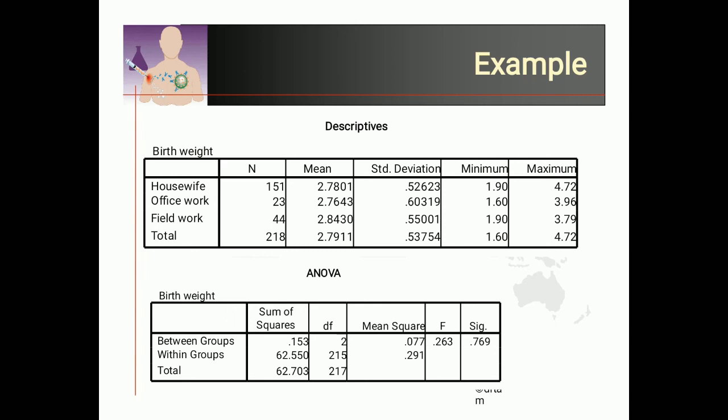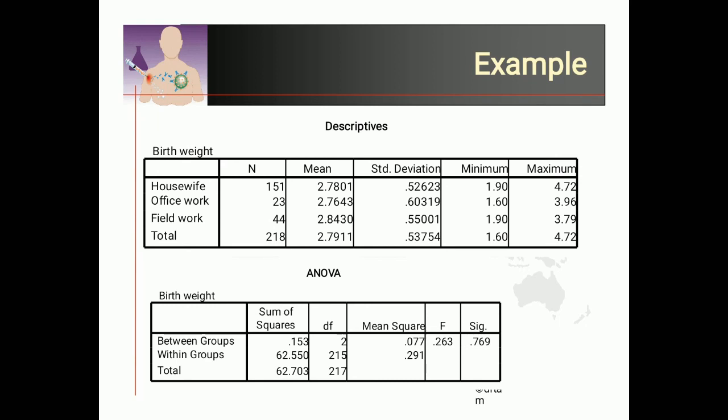Now we will find the ANOVA of this described data: between groups, within groups and total.